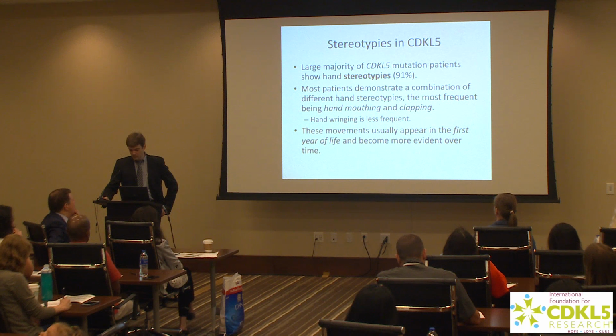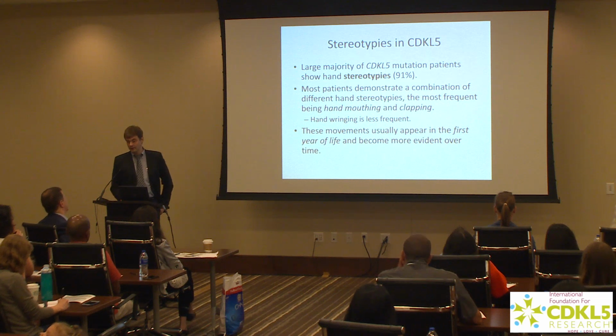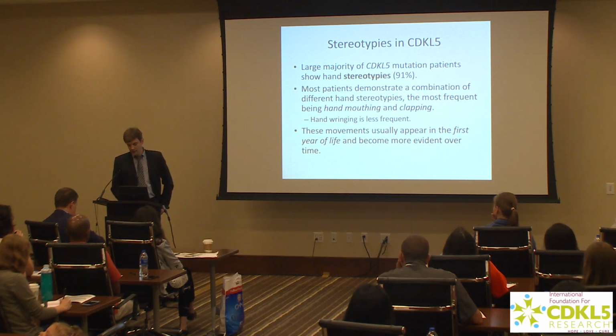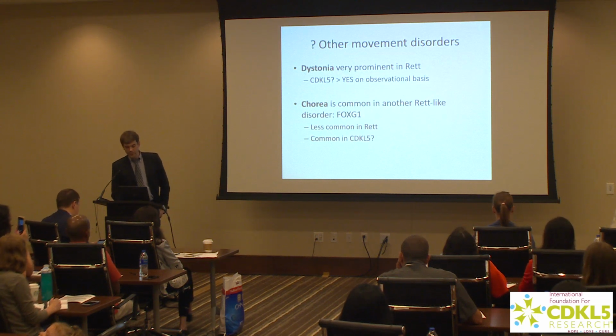The most frequent ones are hand mouthing and clapping, and this is disparate from Rett syndrome, where the hand washing phenotype is much more frequent. The hand stereotypies usually appear in the first year of life in CDKL5 syndrome and can occur later in Rett syndrome.